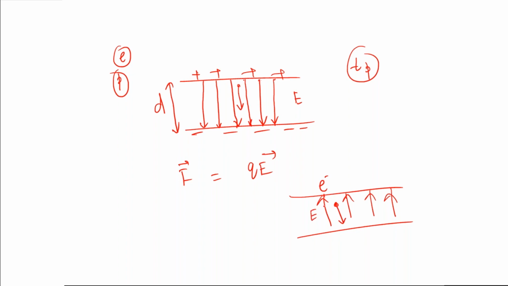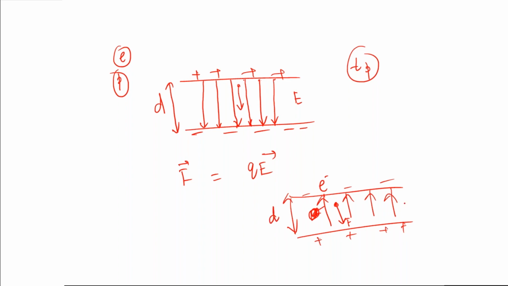So electrons will come down too, if this is the negative side and this is the positive side. Suppose the distance is the same, the electric field is also the same, and the time taken by this electron to reach from top to bottom is TE.